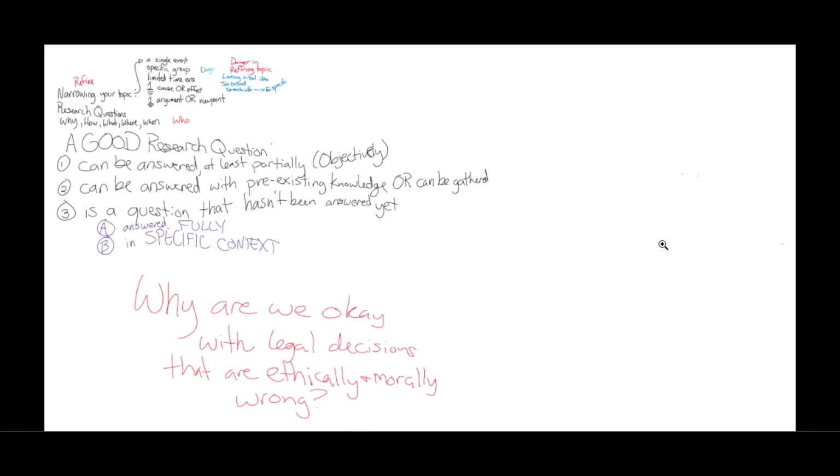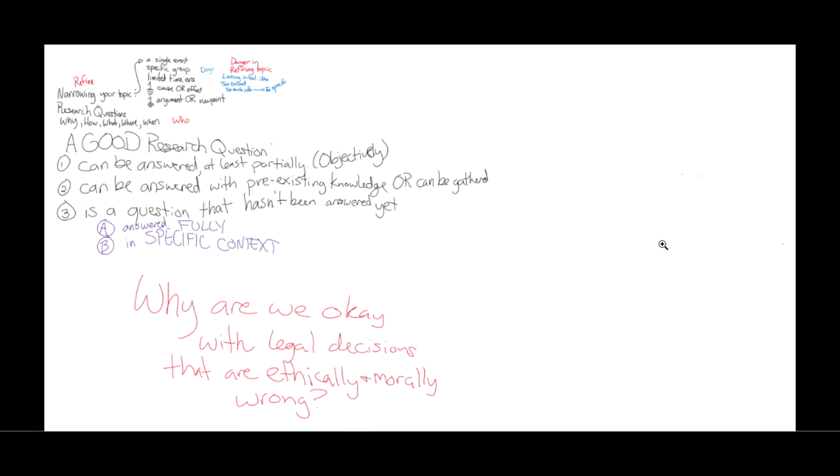If you cannot answer it objectively, at least partially, it's not a good research question. You'll notice all these things that make a good research question are part of the reason why some of the subjects and topics I said were not allowed.